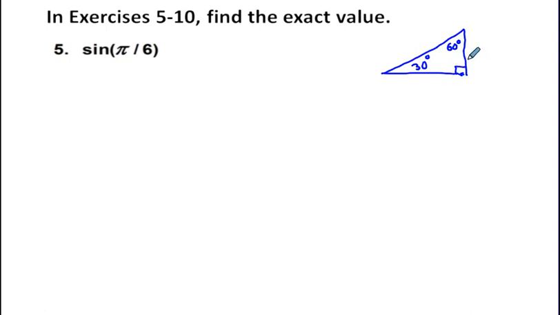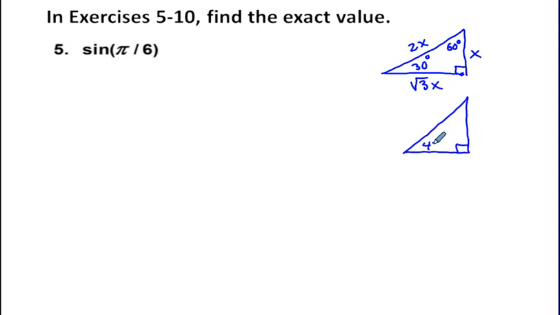We can represent the relation of the sides this way. The short side is x, the long side is 2x, and the side adjacent to the 30-degree angle is square root of 3 times x. The other special right triangle is the 45, 45, 90 right triangle.